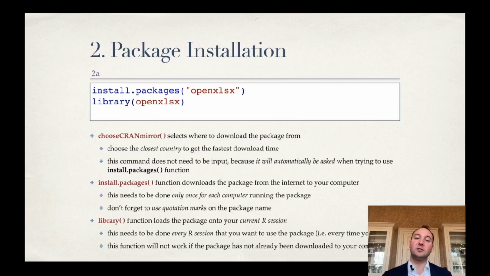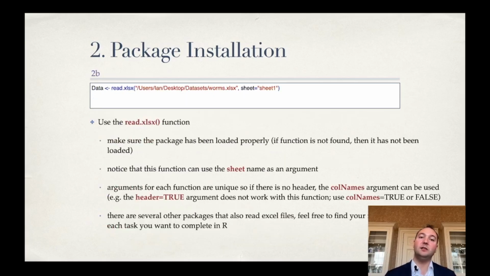First, we need to install the package using install.packages and our package name. Then, to use the function in R, we use library(openxlsx), and then we can use the function read.xlsx. Before using this function, we need to first install the package.